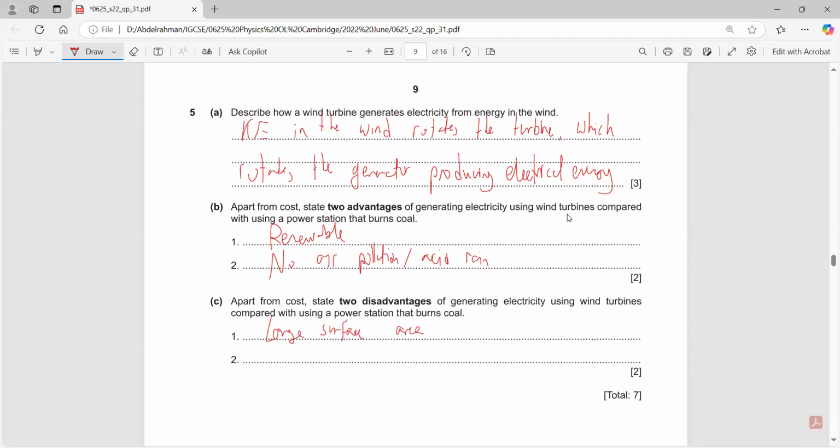It's not reliable. Visual pollution is not wrong, but you have other, much better disadvantages.